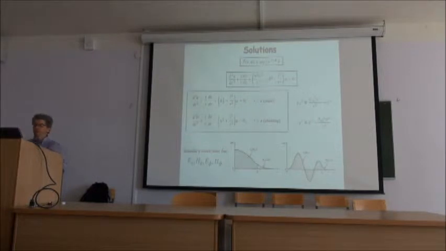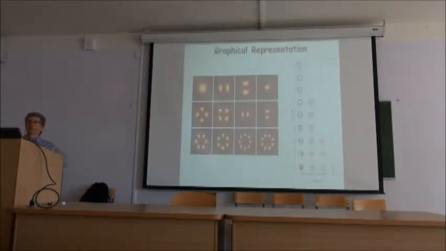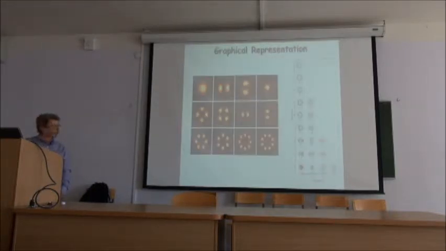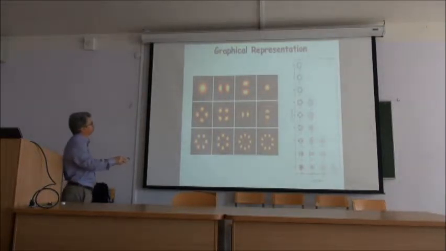And once we apply the boundary condition between those components, we can start getting solutions, and we see that we have a set of solutions, and those solutions are marked by this L that characterizes the circular symmetry. That's the order of the circular symmetry, plus another number, this one.